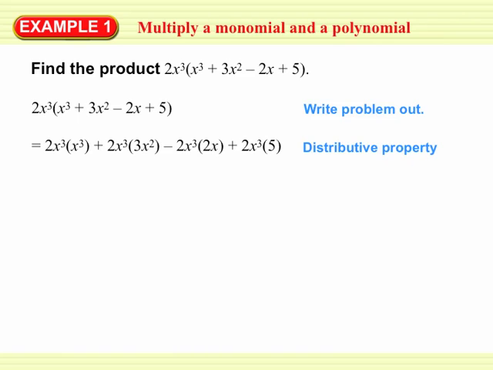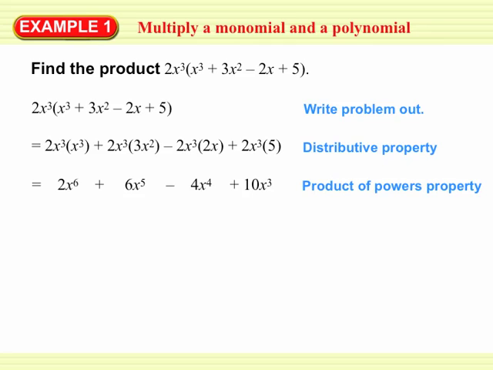Then we have 2x cubed times negative 2x. Then we have 2x cubed times positive 5. When we use the rules of exponents to simplify each of these terms, the first term becomes 2x to the 6th, the second one becomes 6x to the 5th, the third is minus 4x to the 4th, and the last term is 10x cubed.